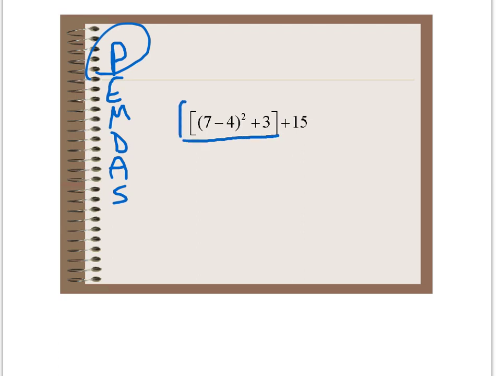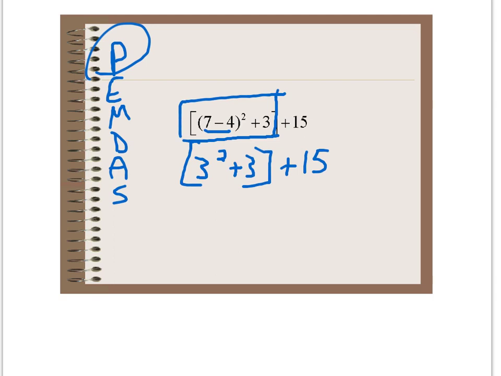I need to do everything inside of this bracket before I can add 15. Looking inside the bracket now, what do you notice you got? Well, I've got some parentheses here, so I'm going to take care of those first. 7 minus 4, that's 3. Then I keep everything else. Squared plus 3, and I've still got brackets around that, plus 15.